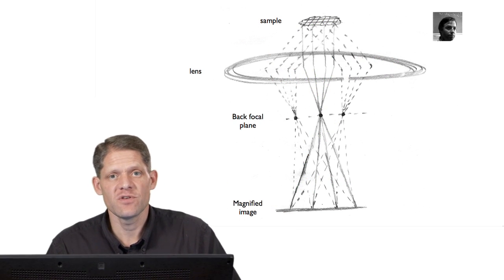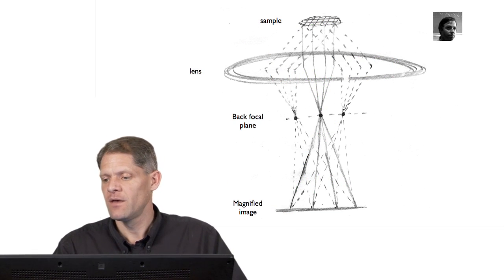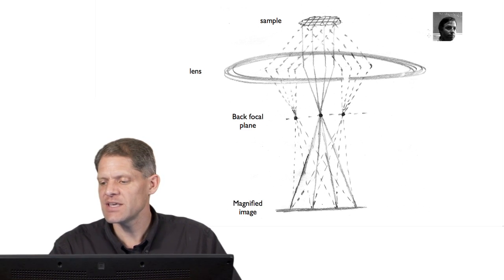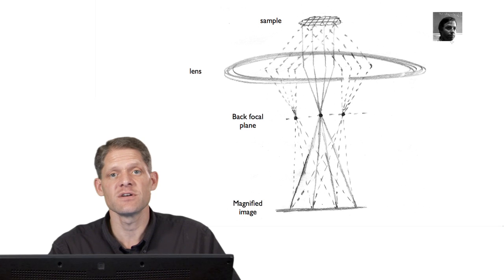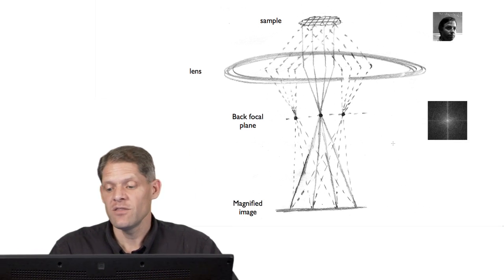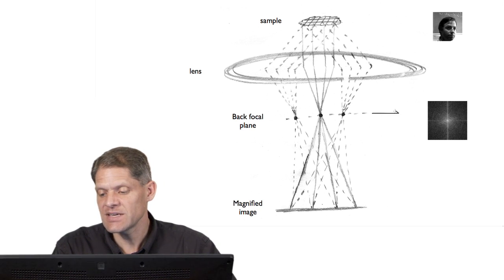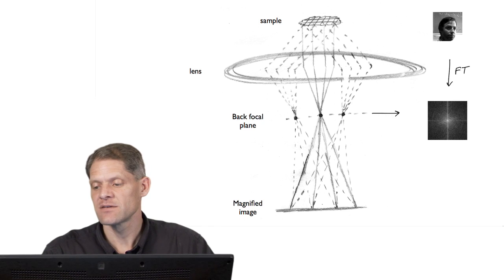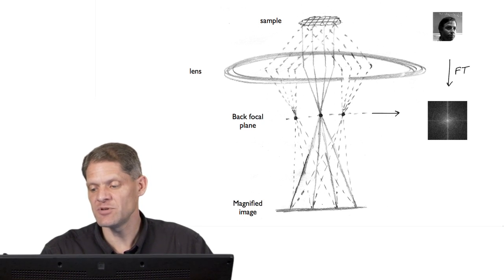Now let me try to show the same thing with pictures. If, for instance, the sample is a complex image, like the image of the professor that we had in the last module, then the wave function that exists here on the back focal plane of the objective lens is the Fourier transform of that density, that object.